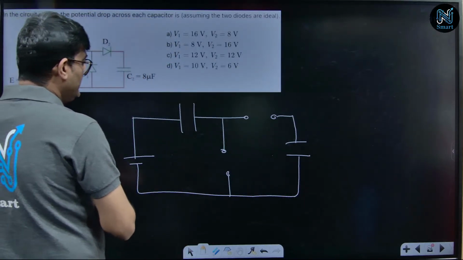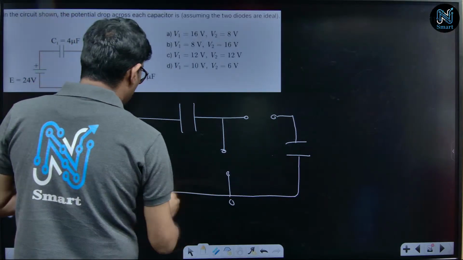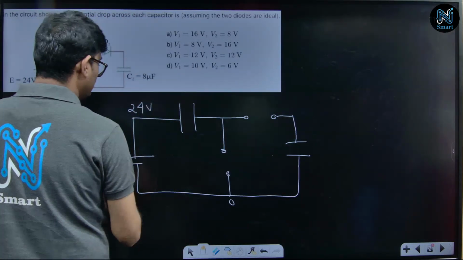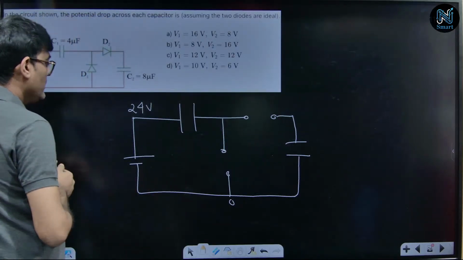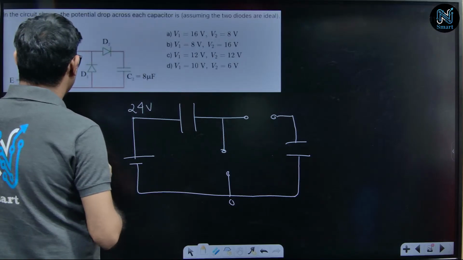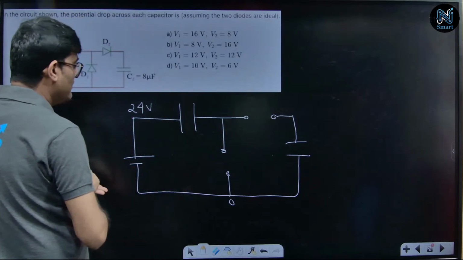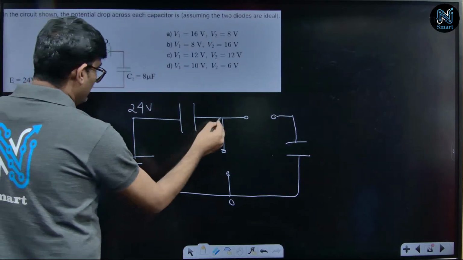Here we can say that this is 0 volt and this is 24 volt, right?